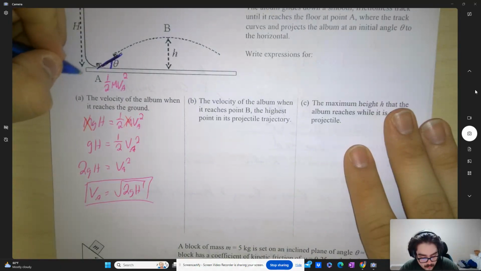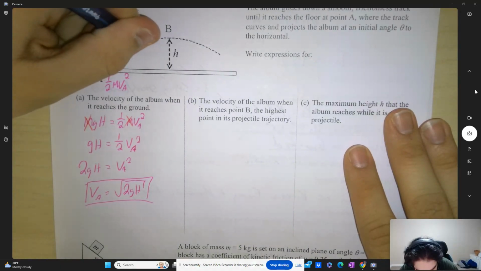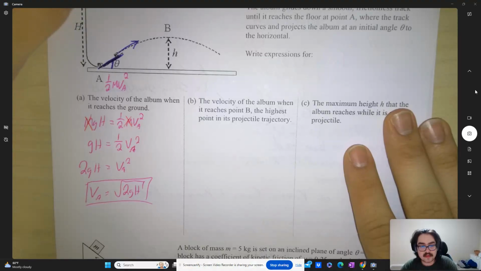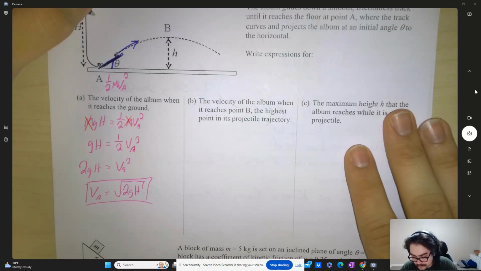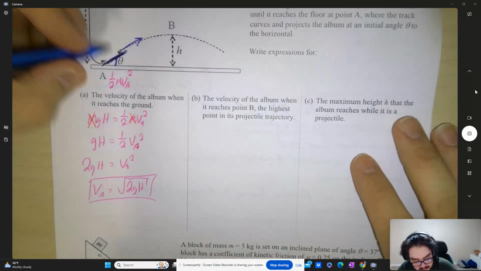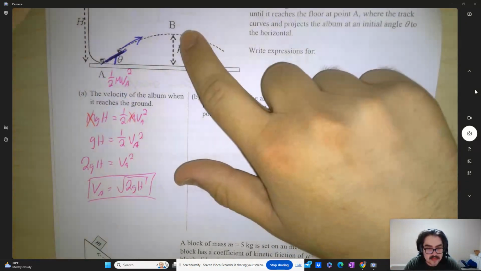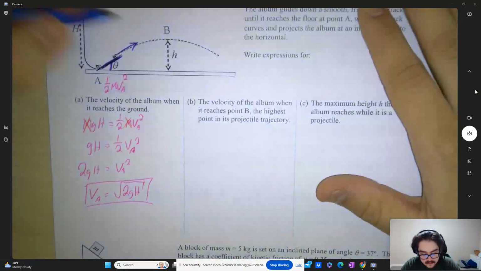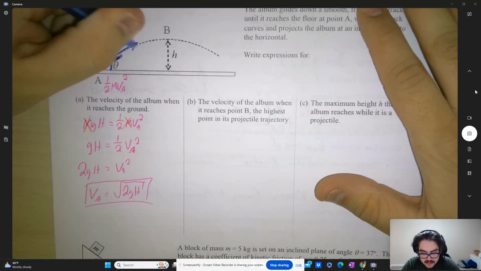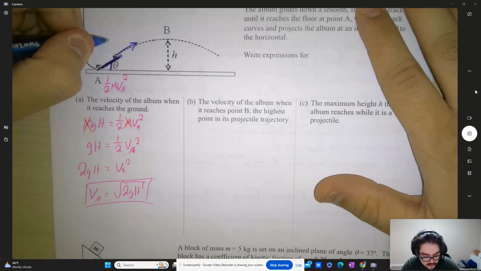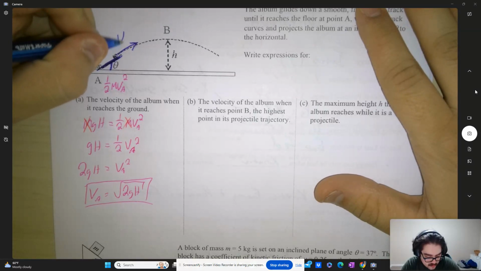When the album launches, it's going to have some initial speed going off the cliff. At B, we have some initial velocity that we're being projected with. It's being projected with a velocity v_A right here.